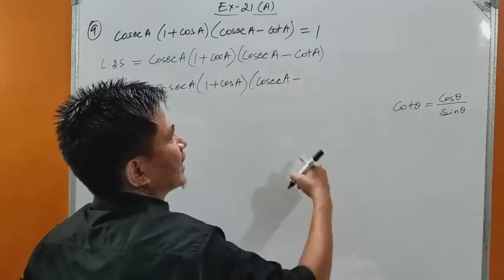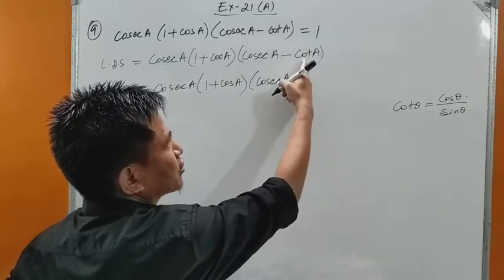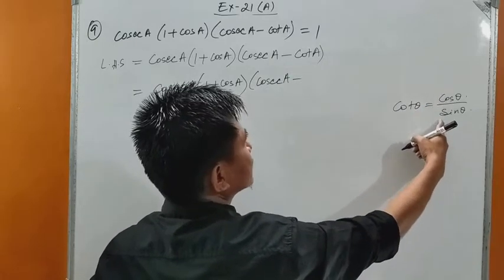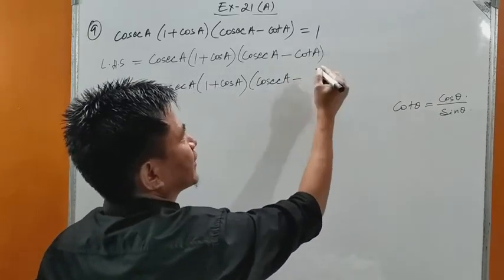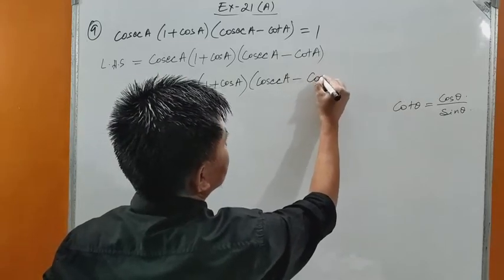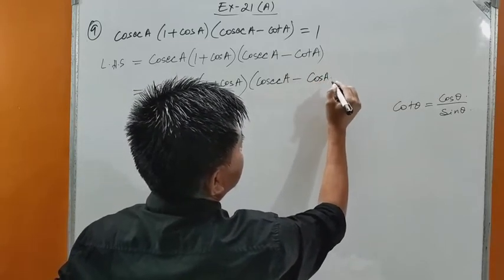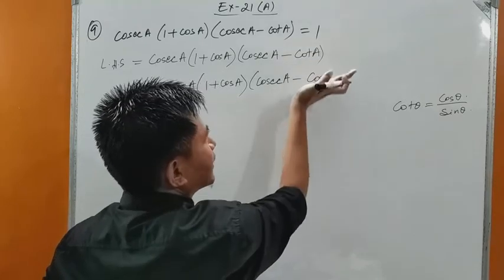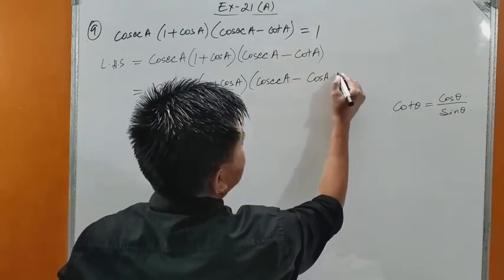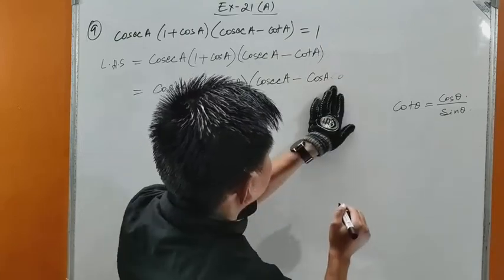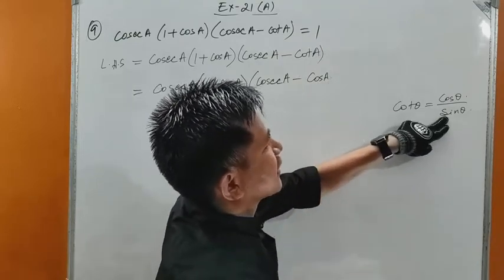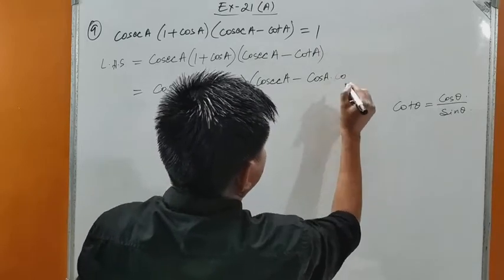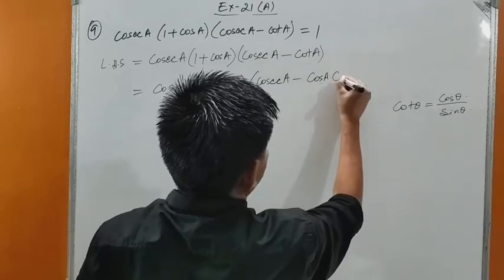So cot A can be written as cos A upon sin A. If you bring that sin A to the numerator, it becomes cosec A, isn't it? This sin theta, when you bring to the numerator, becomes cosec A.